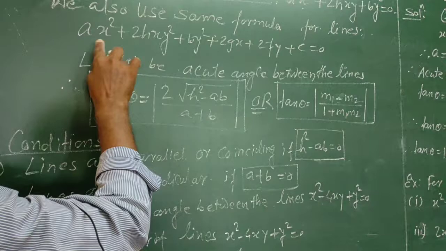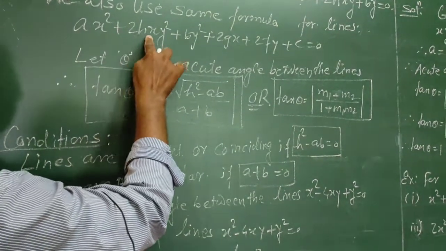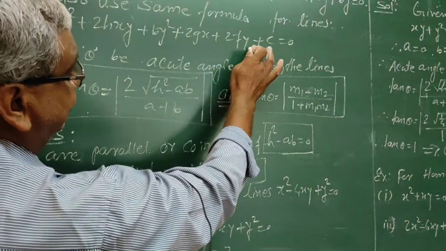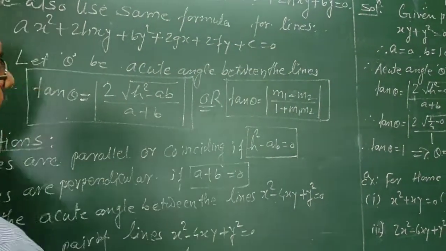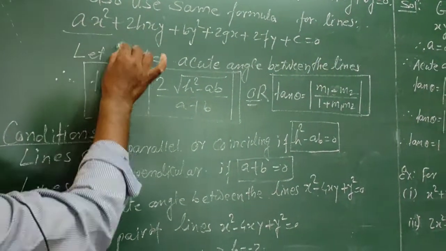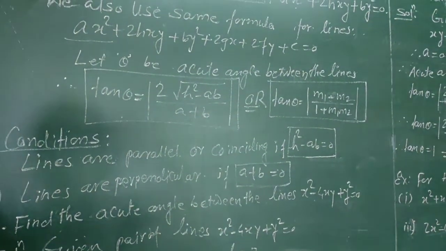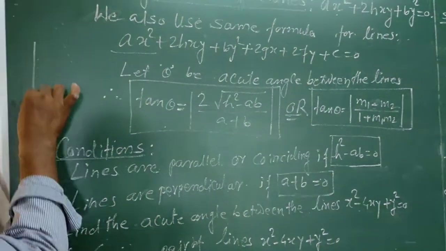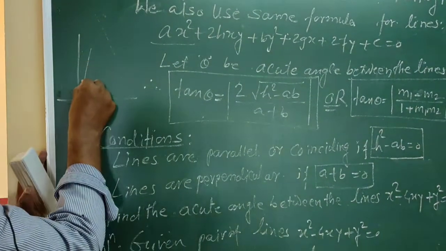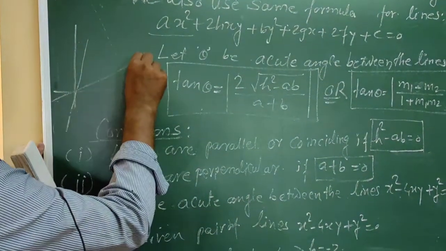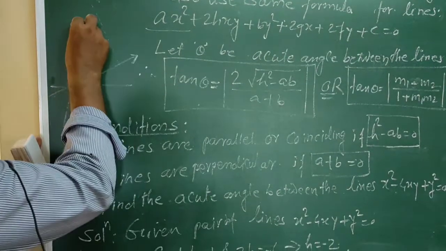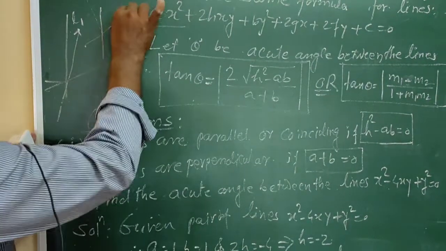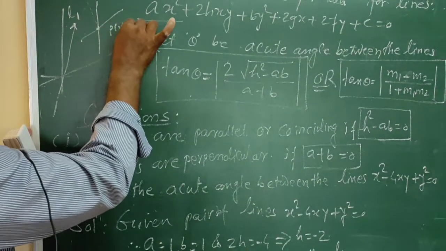And we have already seen in the first lecture ax square plus twice hxy plus by square plus twice gx plus twice fy plus c is equal to 0. This is the equation of again a pair of lines, but it is passing through any point. But if you consider the equation of the lines passing through the origin, these are the lines L1 and L2, and these are the lines passing through any point P of xy.